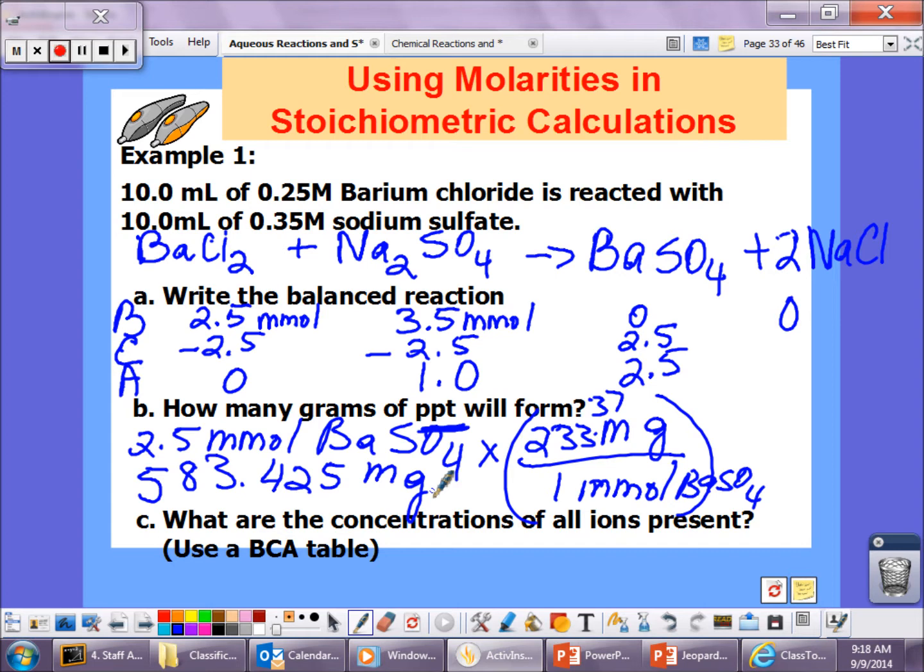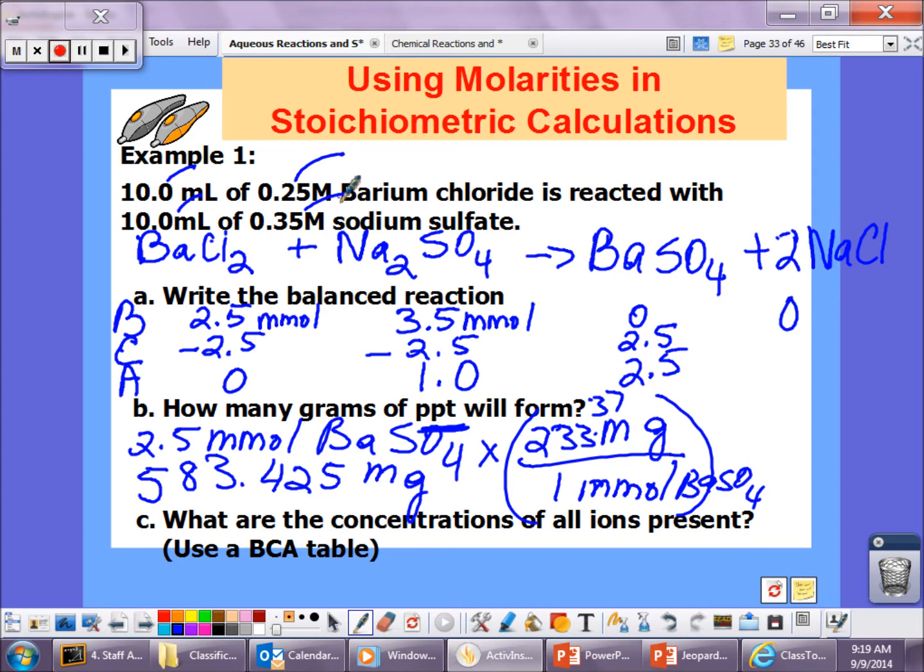It is 0.58 grams. Remember, you should always check your sig fig for every math problem. This is how many sig fig? 3 sig fig. This is 2 sig fig. This is 3 sig fig. This is 2 sig fig. The answer is 0.58 grams of barium sulfate. You lose 1 point per question for significant figures on the AP exam.